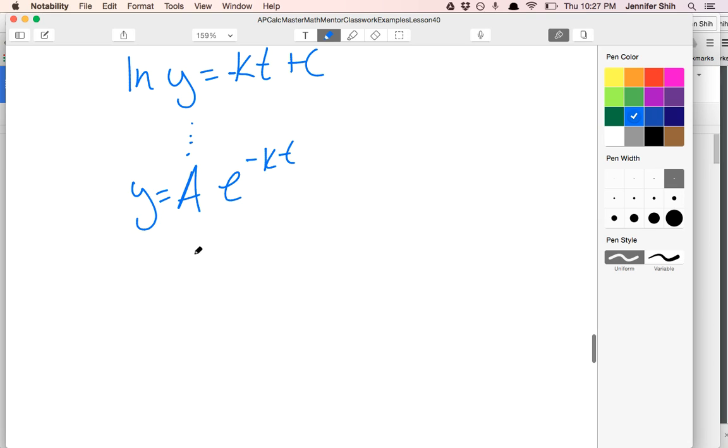So say we just had 1 gram of this material, and we're going to get it down to a half.